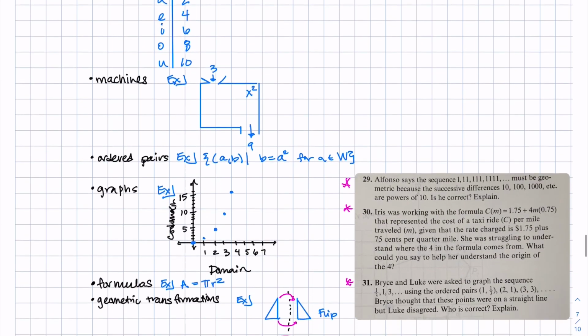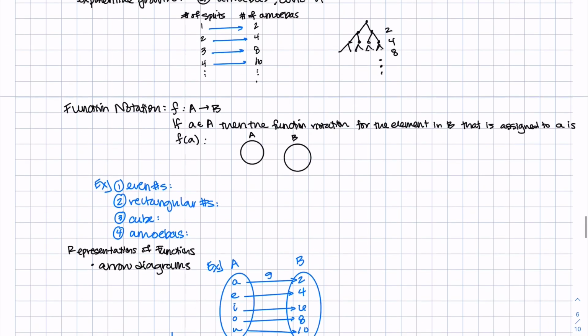To finish off this section, we have a few different ways of talking about functions. So I just want to talk about different representations and, of course, the function notation.